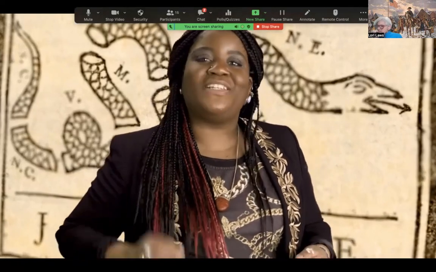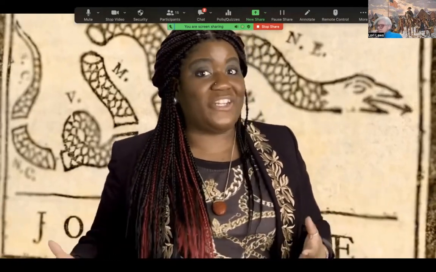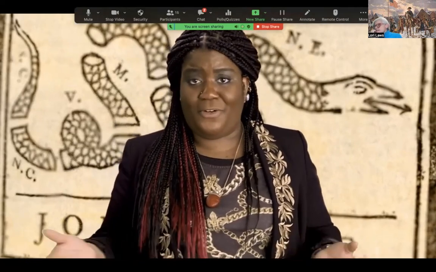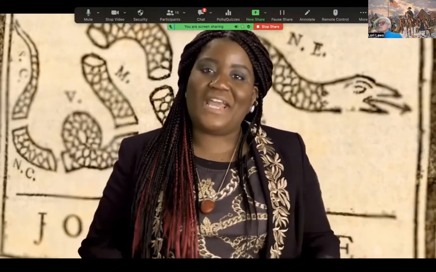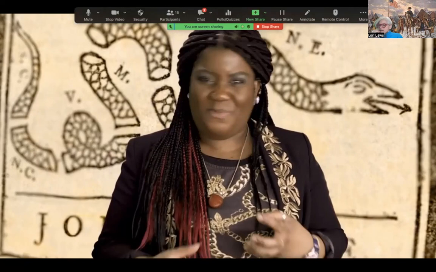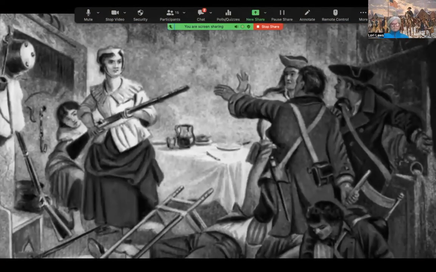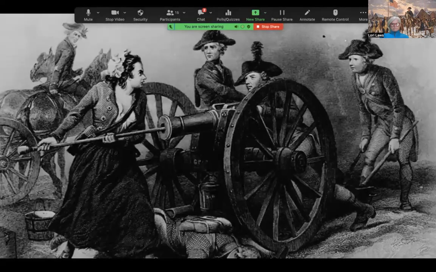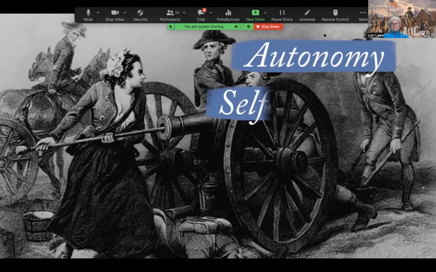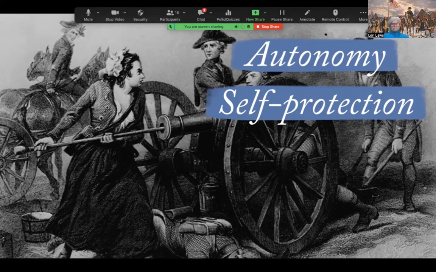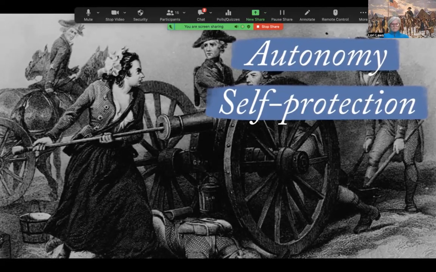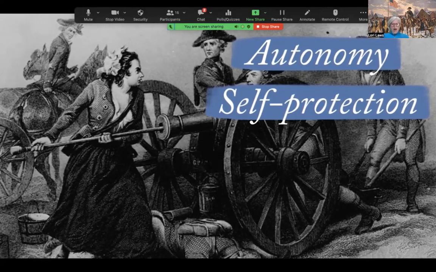Take, for example, Prudence Cummings Wright of Pepperell, Massachusetts, who formed her own militia of 30 to 40 other kick-butt women to stand guard over their town and intercept suspected Tory spies. So for women, the decision to support or resist the revolution was also tied to individual autonomy and self-protection, and not just linked to whether or not their male family members decided to take up arms and chuck a bunch of tea leaves into the harbor.